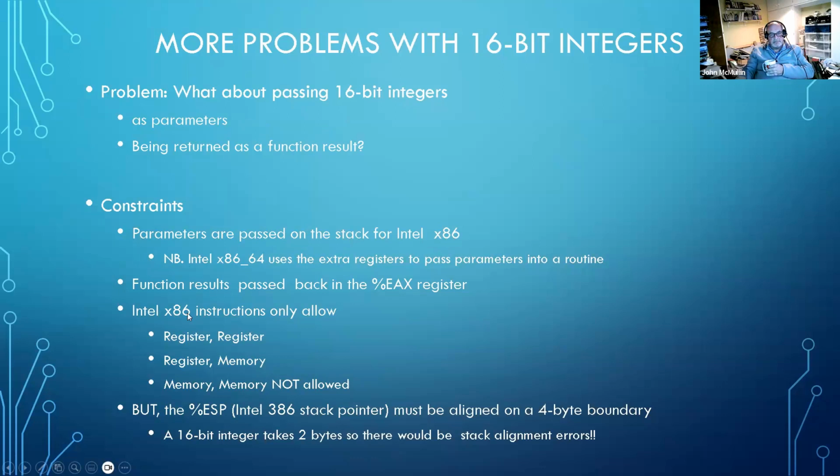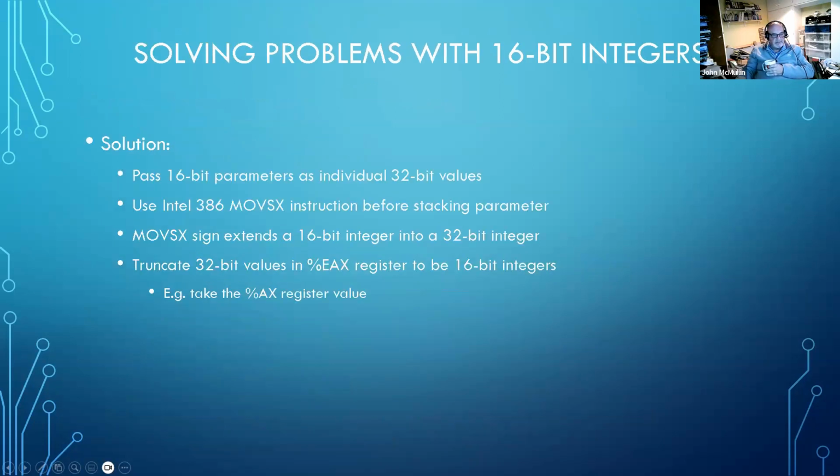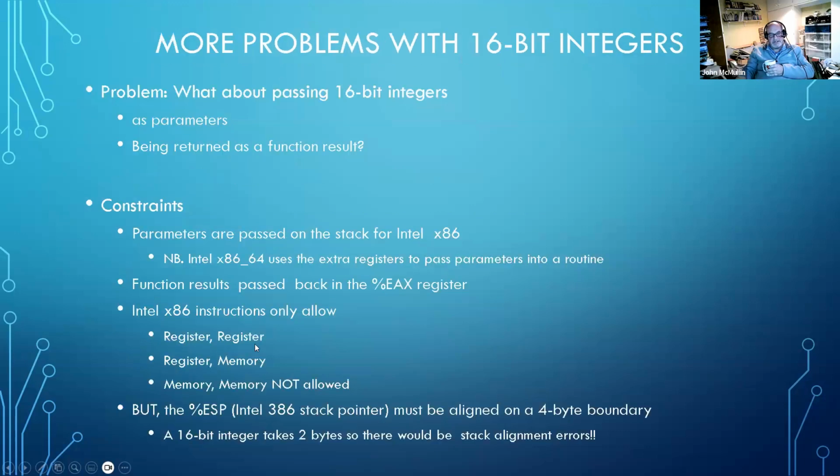However, Intel x86 only allows register to register and register to memory, and memory to memory is not allowed. But the stack pointer must be aligned on a 4-byte boundary. So if you try to stack a 16-bit integer, which takes 2 bytes, stack alignment problems.